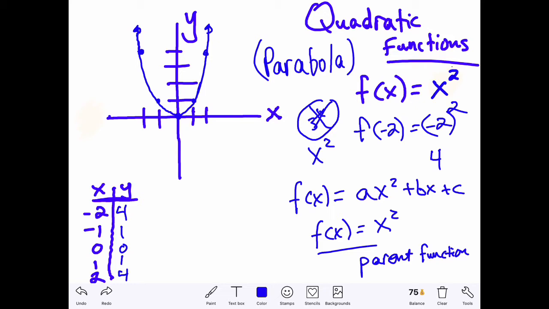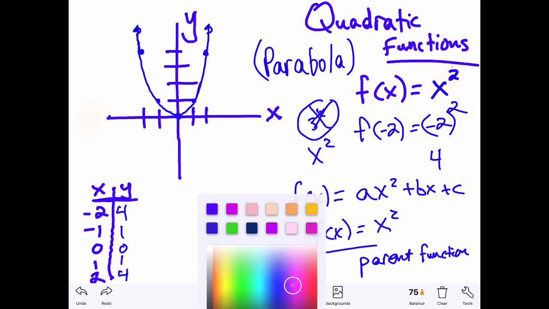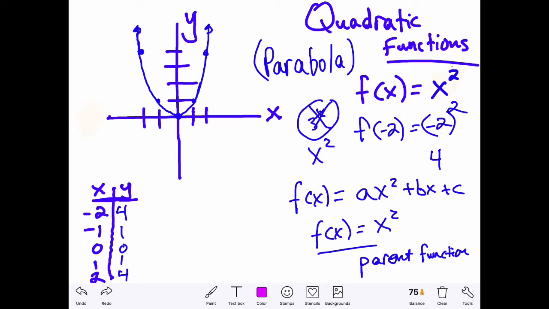Okay, and as part of our discussion, we want to start talking about some characteristics here of the quadratic function. This part of the parabola, as it approaches what's called the vertex, and the vertex is here at 0, 0. And you notice our vertex is our lowest point there, and it's going to be our turning point. Well, back to this purple line.